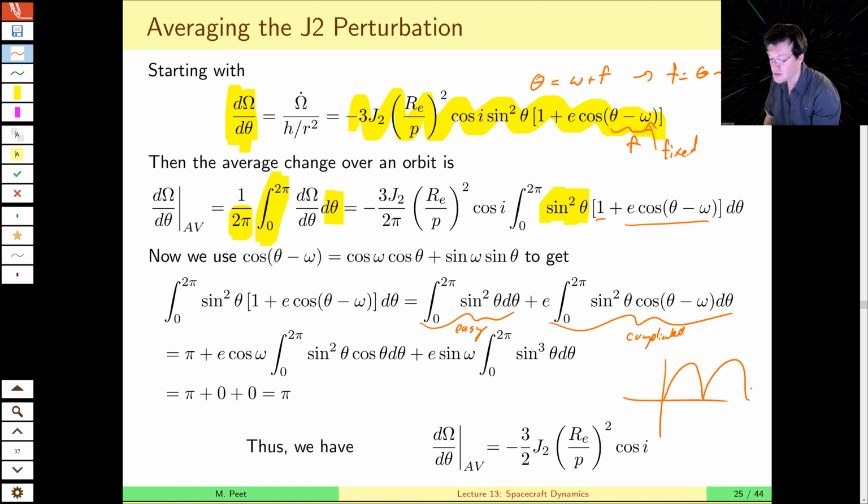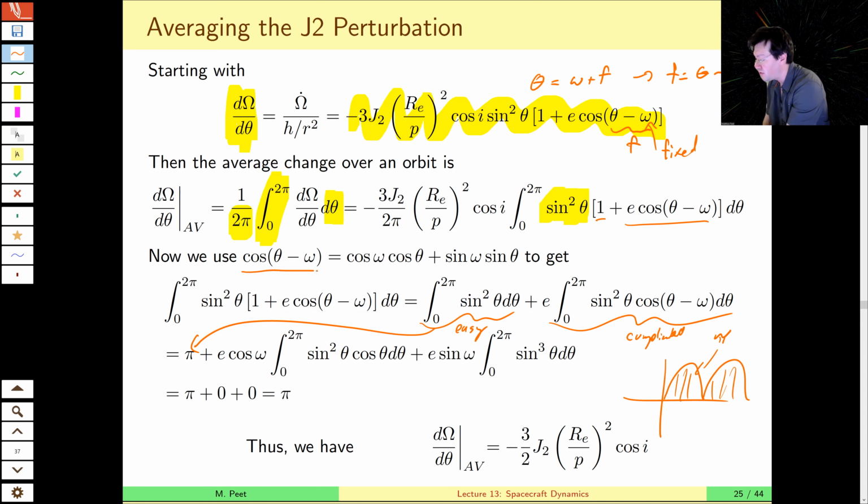The integral of sine squared over a period is the area of those two bumps, which is pi. So this term is just pi. Now this term is more complicated. Here we're going to use this double angle formula that we may have seen in our trigonometry books from high school. And so we're going to break this into two pieces, specifically this piece and this piece.